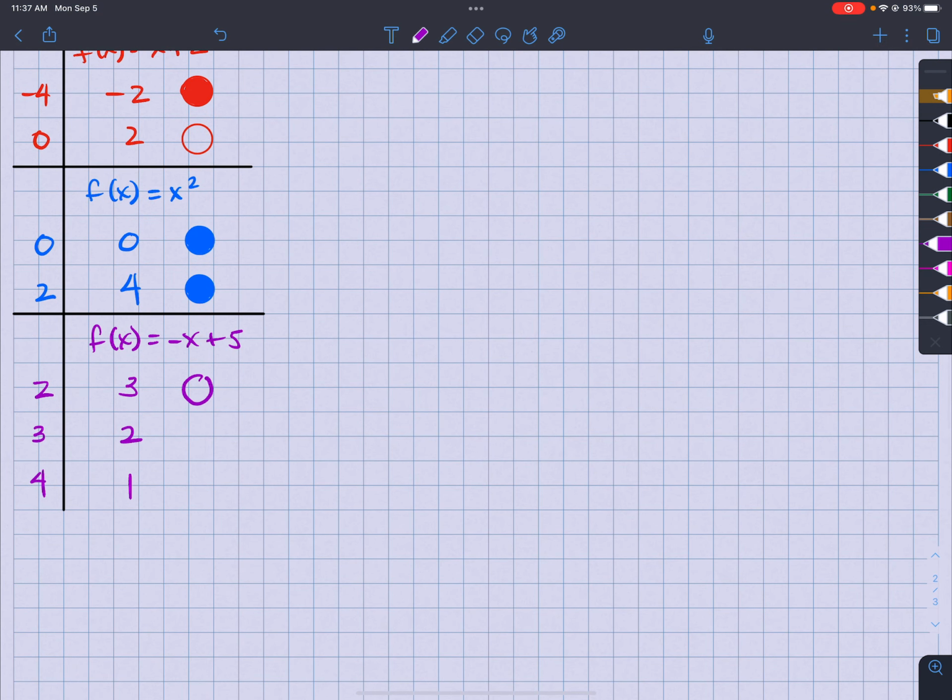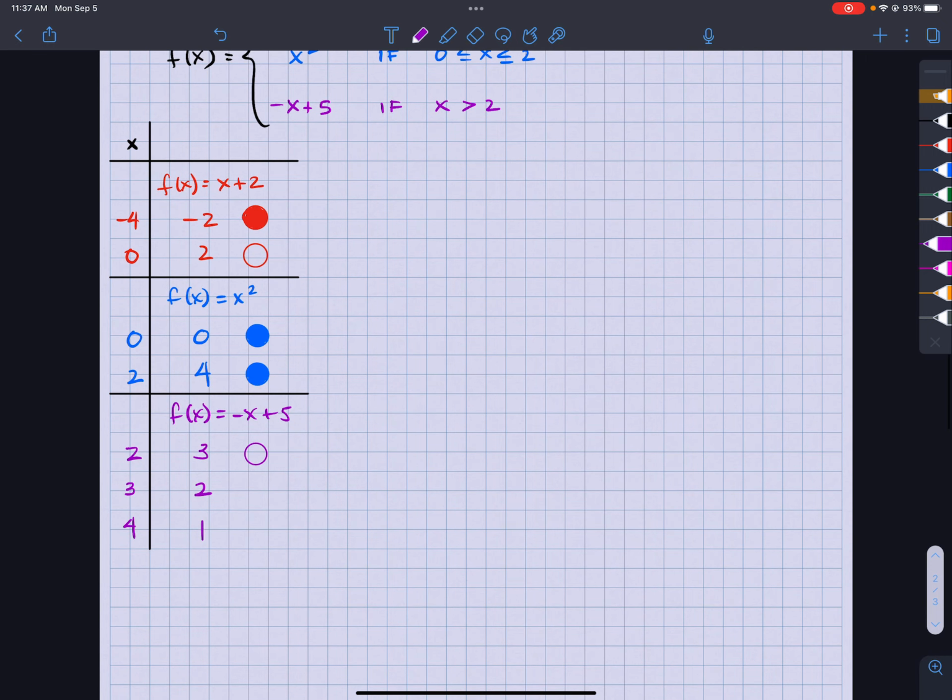The 3 and the 4 are just going to be on the line going through it. So, okay, let's go ahead and draw a graph. I don't see a lot of negatives here, so I would just draw it right here. There's my x. There's my y.